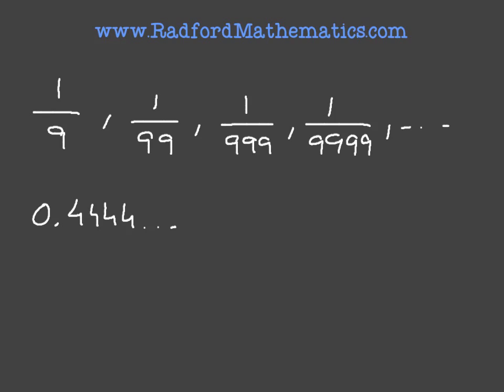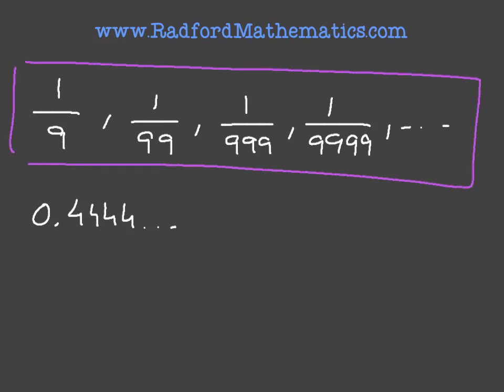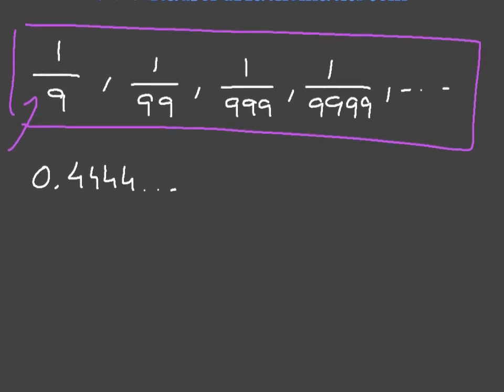Because there's only one digit repeating, we take the fraction from the list at the top which only has one 9 on the denominator. That's this first one here. All we have to do to write this recurring decimal as a fraction is write the digit that's repeating over that fraction. That means that 0.4444 is just equal to 4 over 9.